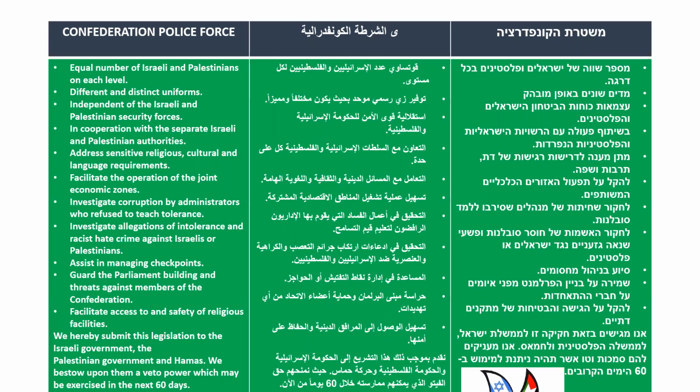Bearing in mind that the UN has decided a number of times that all settlements are illegal, can the Confederation police force act against the settlers, not just in terms of their daily activities, which are hate crimes against Palestinians, but actually against the actions of settlements, the fact that the settlements are against international law?